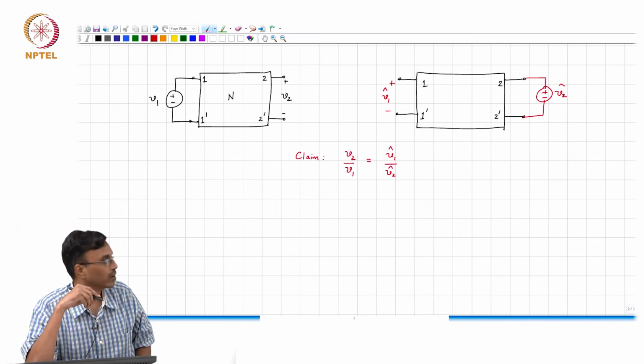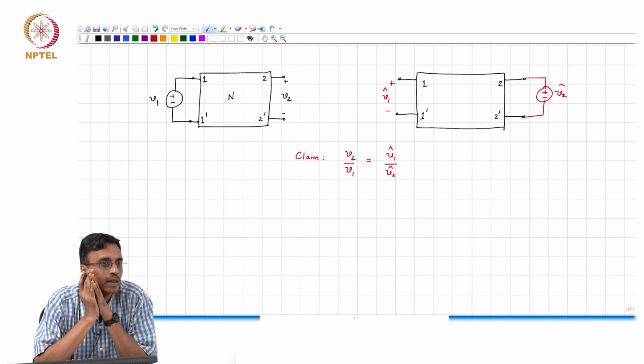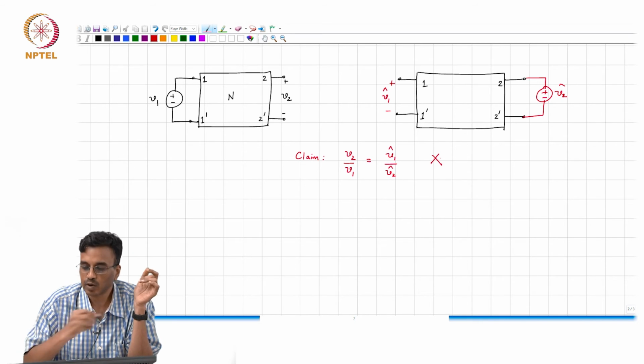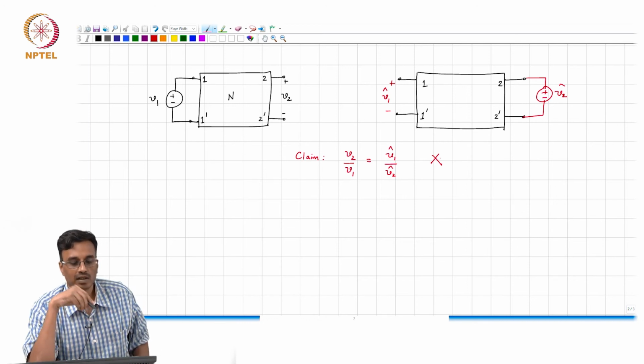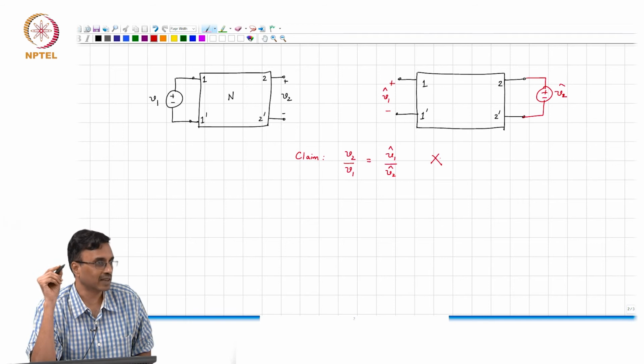And I see all of you nodding your heads. Is this correct? Hey, you're the one who gave the answer, man. Now you're saying no. Exactly, right? It is tempting to say so, but this is actually not correct. Remember that the graphs of the network, when you de-energize the sources, must be the same.